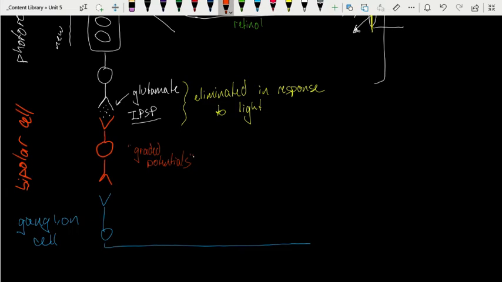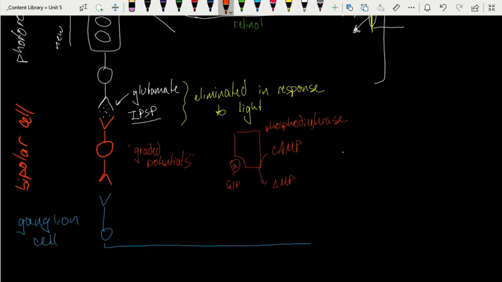And the likely scenario is very similar to what we saw in the photoreceptor cell, where we have a phosphodiesterase. So phosphodiesterase, what does it do? It takes cyclic AMP and it converts it to regular AMP.